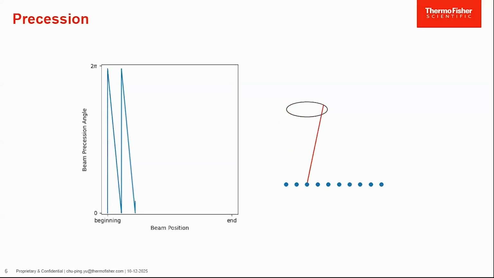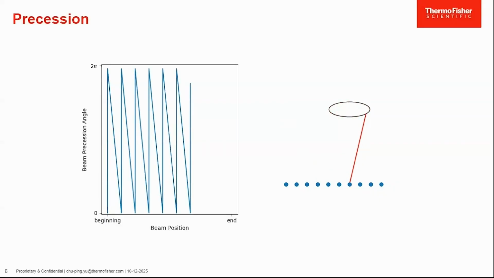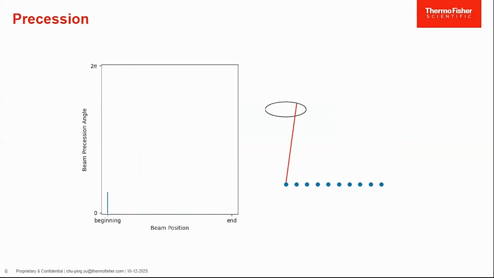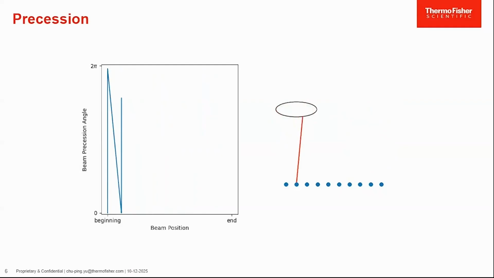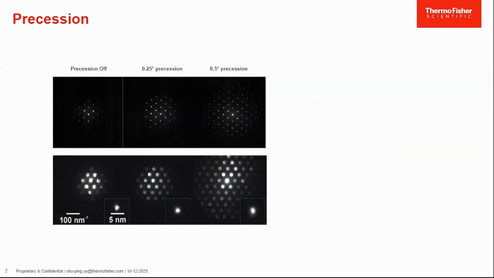The solution, on the other hand, is called precession. Precession is essentially a beam with a rotating tilt angle. So it creates diffraction patterns that are incoherently summed over all diffraction patterns that come from this cone illumination. Its effect can be shown here, and it's quite clear that with precession, we'll be able to locate this diffraction disk or diffraction peaks at a higher angle.